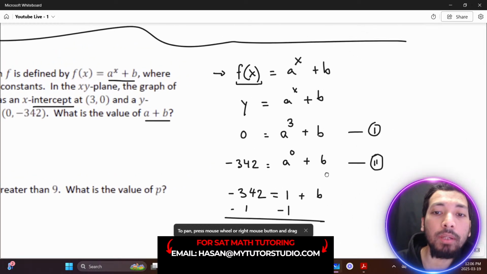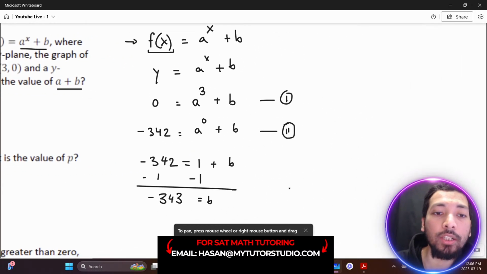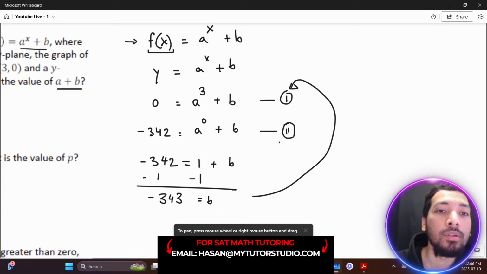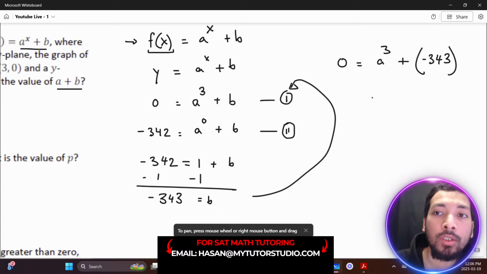So I just found my value of b. So let's try to plug that in this first equation and solve the value of a here. So I have 0 is equal to a to the power of 3 plus b. So instead of b, I can put this as negative 343. So it's 0 is equal to a to the power of 3 minus 343.